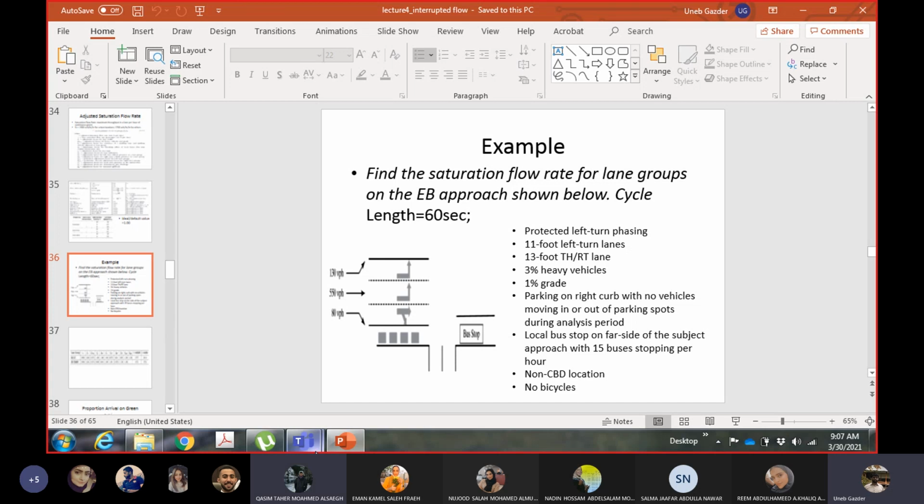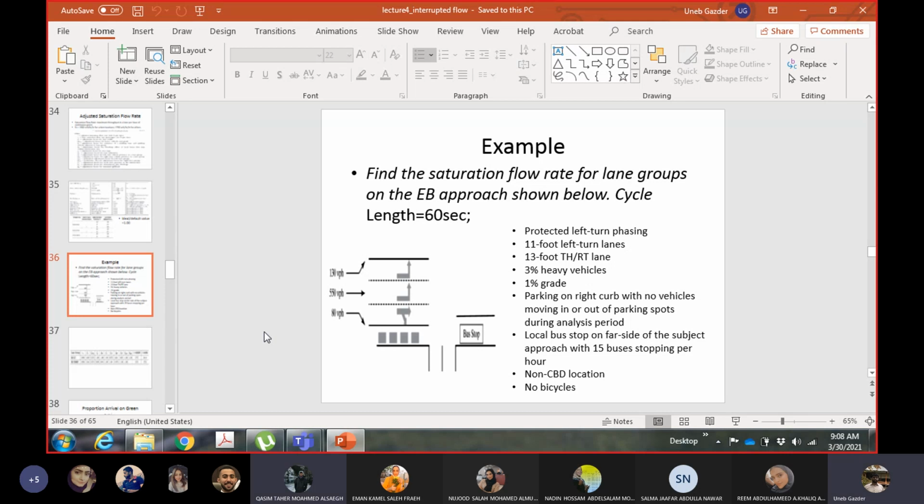Two to the left and one through and right. This is two groups. Are these lane groups or movement groups?